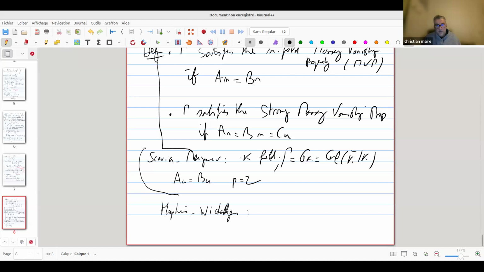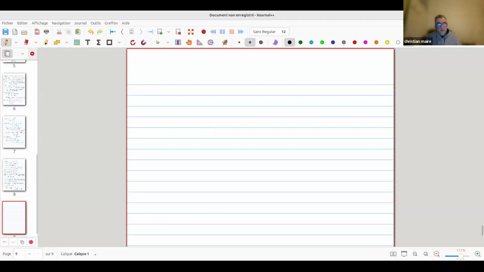They prove that A3 is equal to B3 for K a number field, and of course gamma is the absolute Galois group of K. In fact, very recently, there is a very strong result due to Harpaz and Wittenberg.